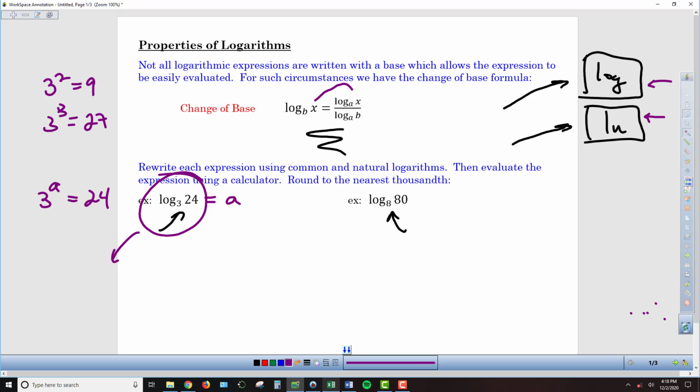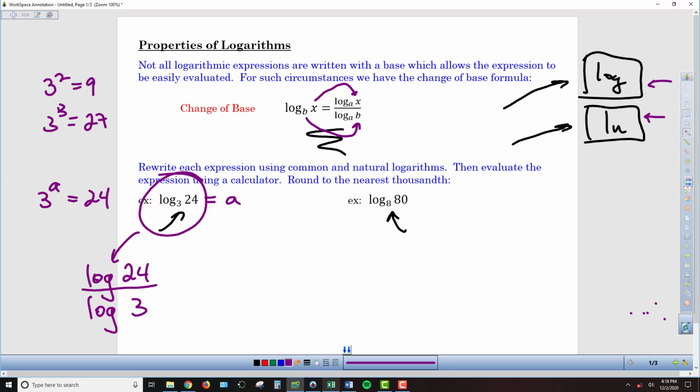Whatever I'm taking the log of is going to go into the numerator. So I'm going to say log base 10, or just log, of 24 over, and now whatever my base is, that goes into the denominator. So I'm going to take the log of that in the denominator: log of, in this case, 3.